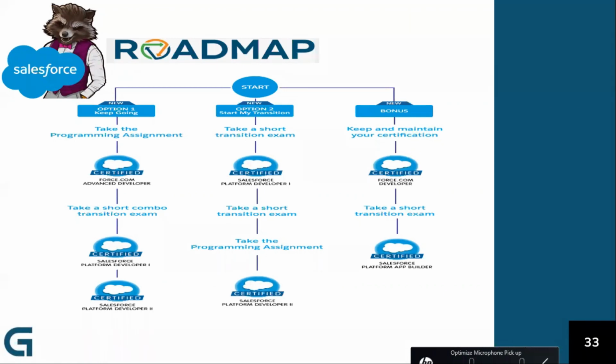To get it, there is a precondition: you have to be Salesforce admin certified first. Once you do that, you can go for Platform Developer 2. Then you can move on to Service Cloud Consultant, Sales Cloud Consultant, and later to System Architect and Application Architect. So this is a roadmap you can use when you learn development, and to make your profile more visible in the market, you can earn these certifications.